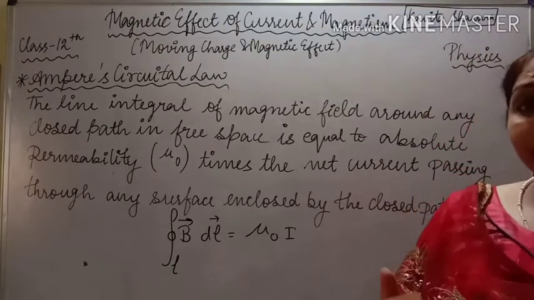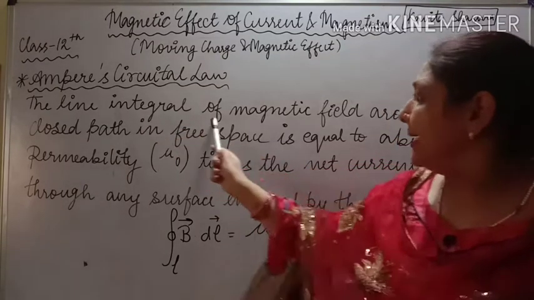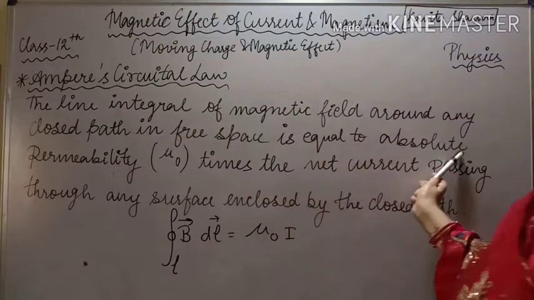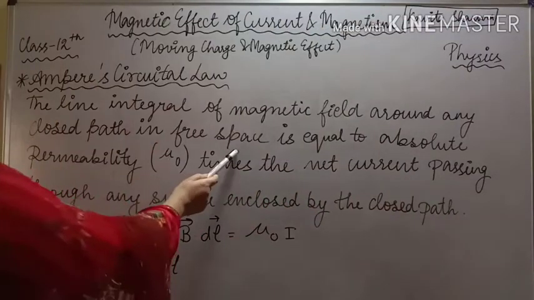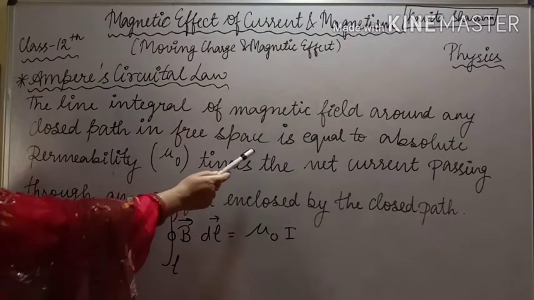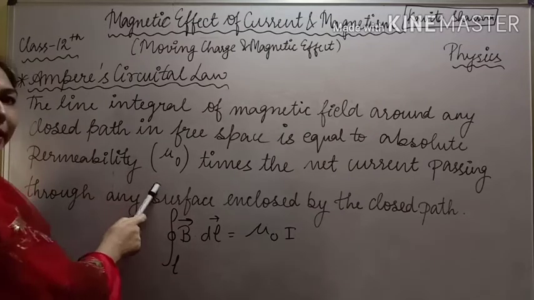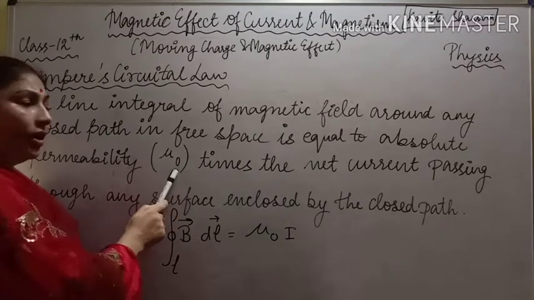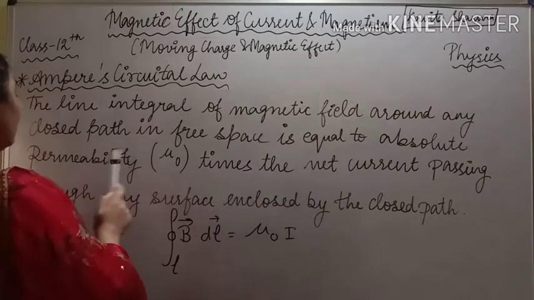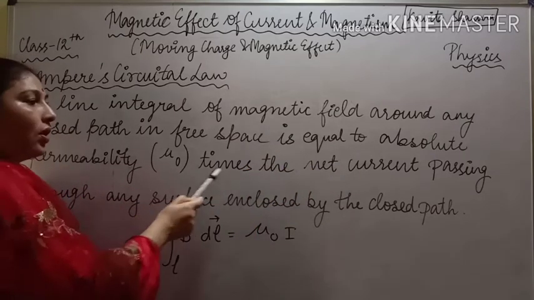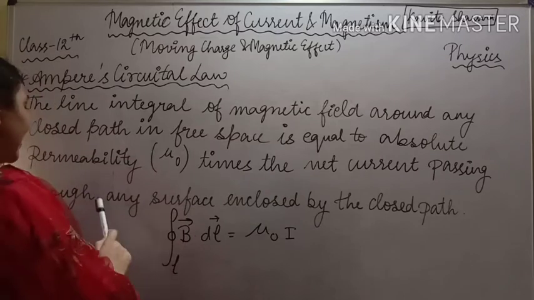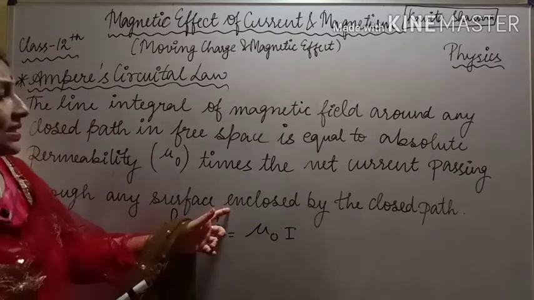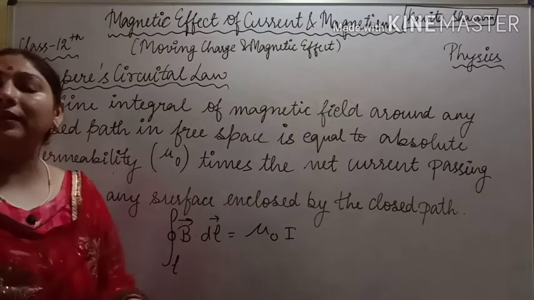Its statement is that the line integral of the magnetic field around any closed path in free space is equal to the absolute permeability of free space, represented by mu naught, times the net current passing through any surface enclosed by the closed path.